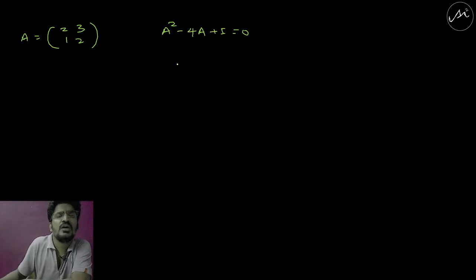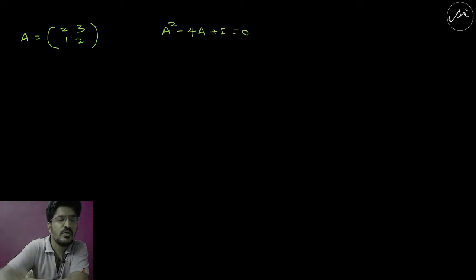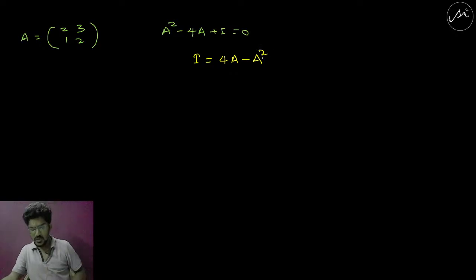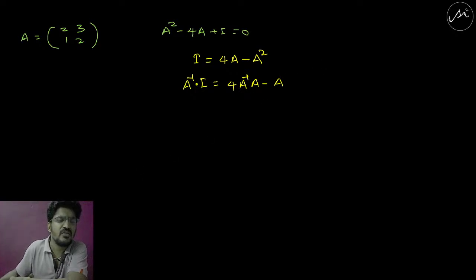Clear? Okay. So you just see, I can write this as A squared plus I equal to minus 4A, or we can write it as I equal to 4A minus A squared. We have to write I equal to 4A minus A squared. Multiplying A inverse on both sides, what happens? A inverse into I, 4 into A inverse into A, and A squared we write as A into A, into A inverse.